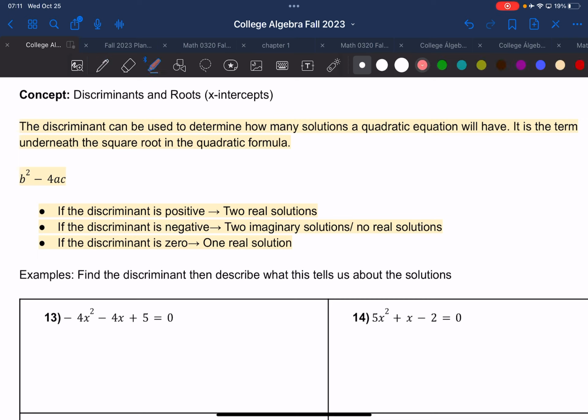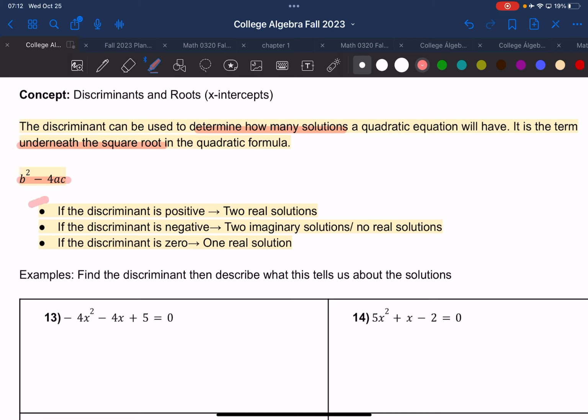So again, this can determine how many solutions, and it's the part under the square root. The part under the square root is that b squared minus 4ac. If we use this formula, that b squared minus 4ac, it can tell us whether or not we have 2 real solutions, 2 imaginary solutions, or 1 real solution.